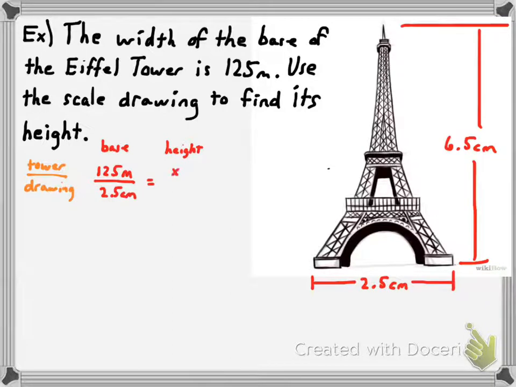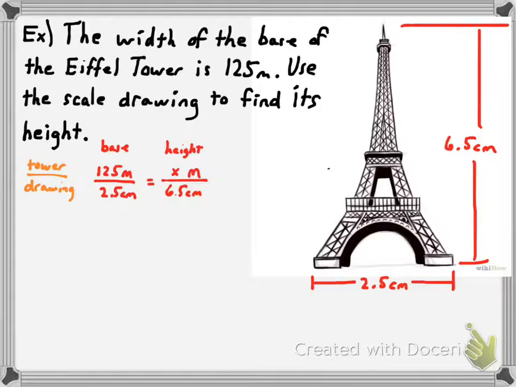So the height in x meters of the actual tower would correspond with 6.5 centimeters on the drawing. Now I only put the units here so that you can see I've got meters to centimeters in both ratios. I don't actually have to worry about the units in my calculations. All I've got to do is cross multiply, because this is a proportion that I'm solving, and the units will take care of themselves because I've got consistent units in both ratios.